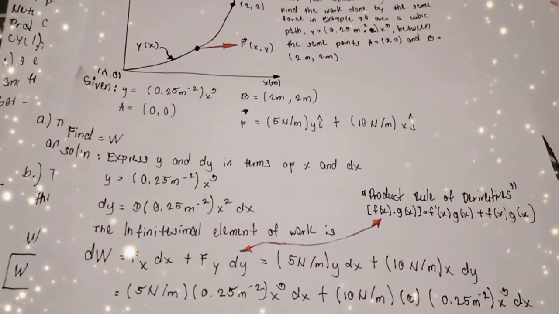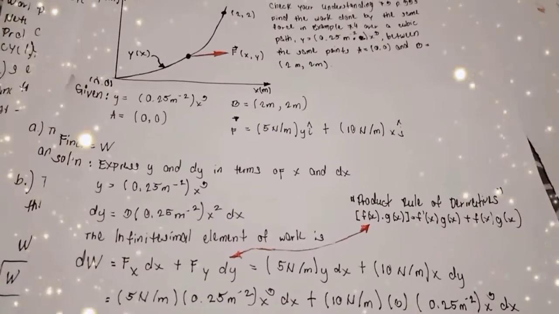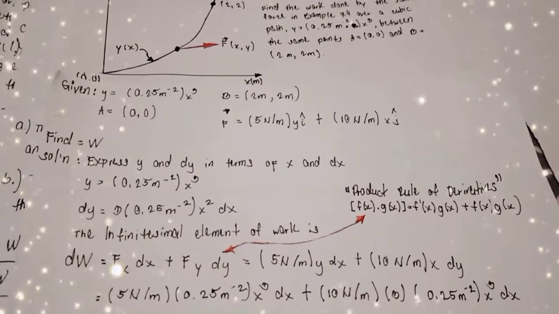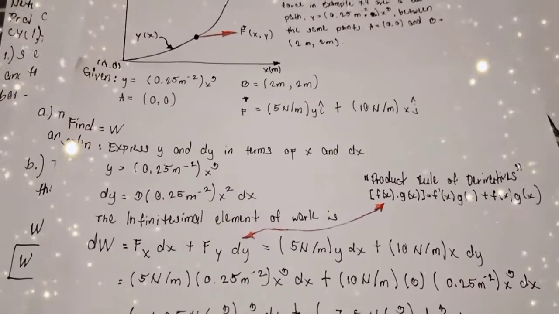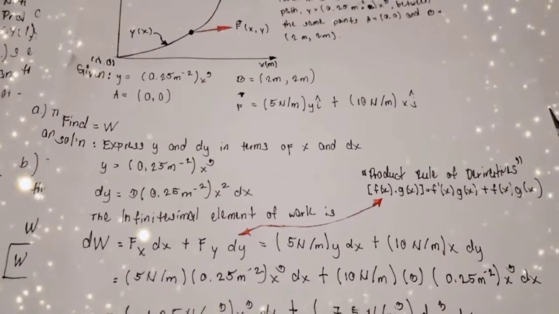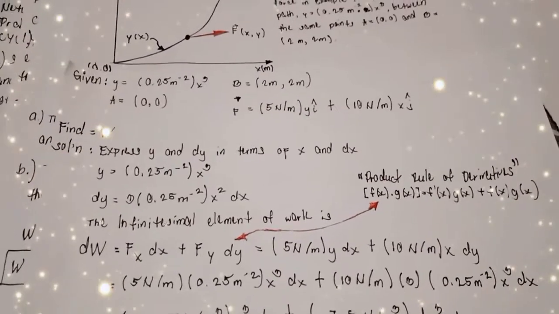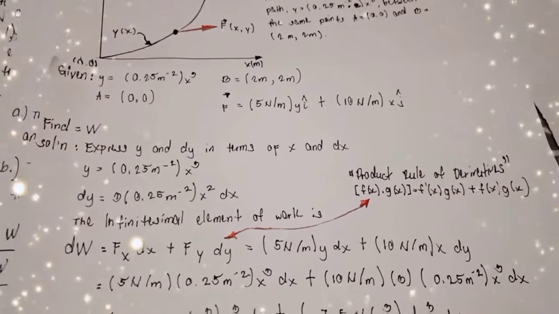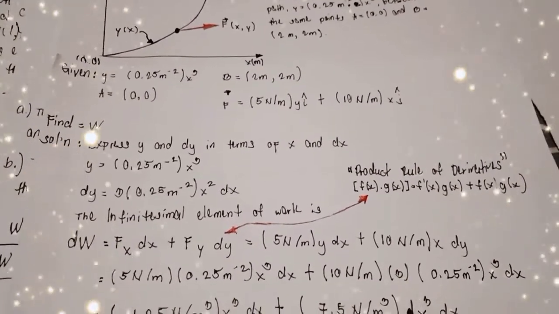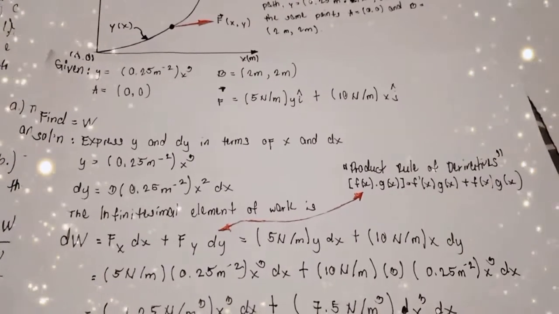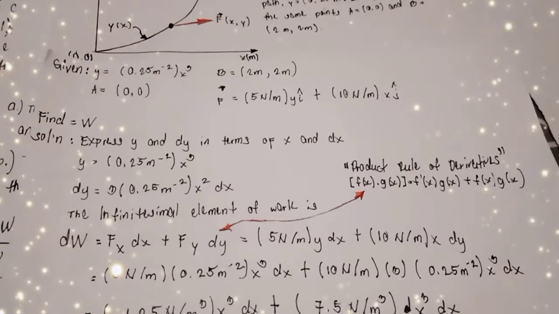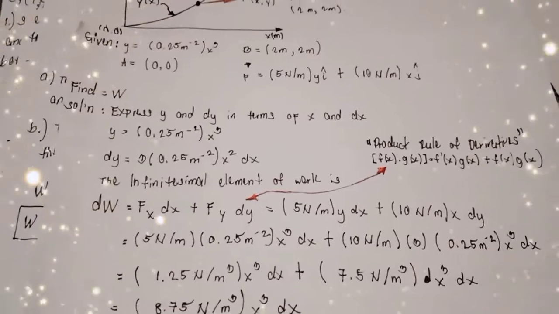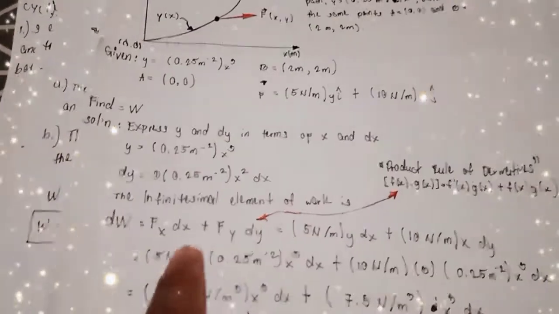So Fx dx plus Fy dy is equal to the quantity 5 N/m y dx plus 10 N/m x dy, is equal to 5 N/m times 0.25 m⁻² x³ dx, which is y, plus 10 N/m times 3 times 0.25 m⁻² x³ dx, is equal to 1.25, and then multiply this by 5 N/m.